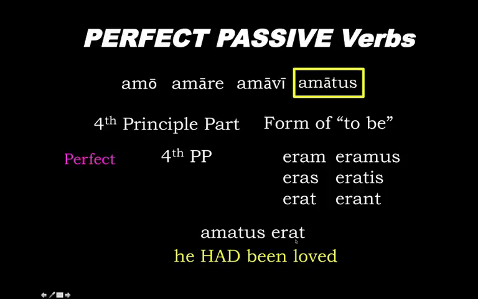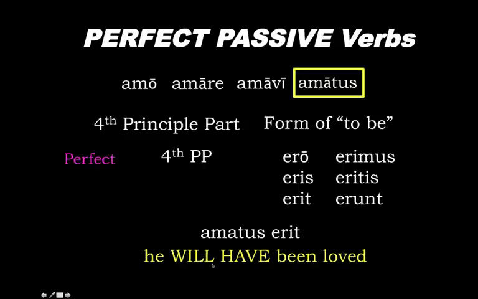Now the pluperfect tense is actually going to be used by taking the fourth principal part and then using the imperfect of to be, the eram, eras, erat forms. So instead of saying amatus est, which was perfect, we'll make it pluperfect by changing it to amatus erat. And that addition of erat now makes it he had been loved, putting it in the pluperfect tense.